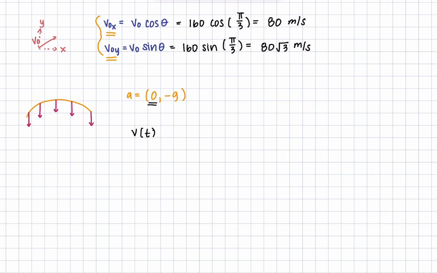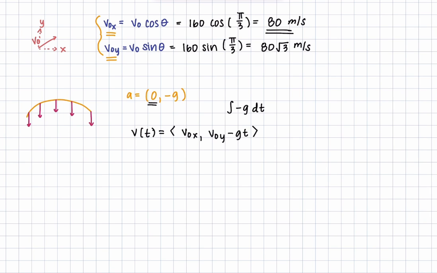So v of t equals v naught x for the x component. And for the y value, we integrate -g with respect to time, and we end up getting v naught y minus g t. So we're including our initial conditions in this case.